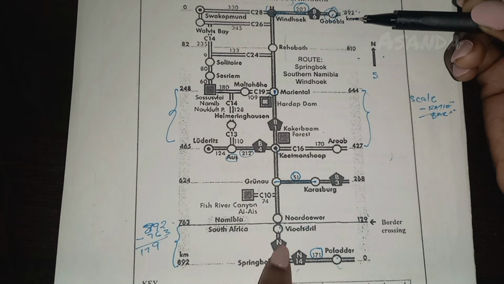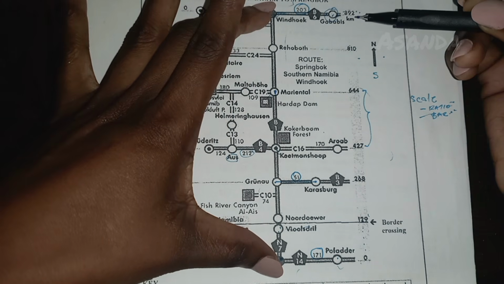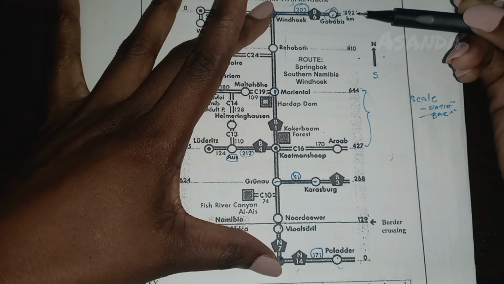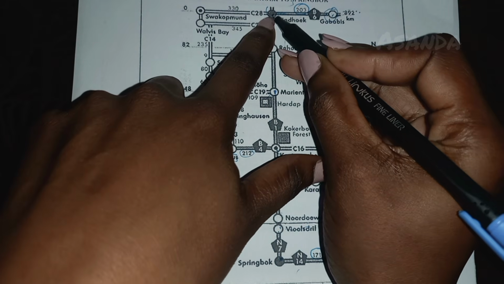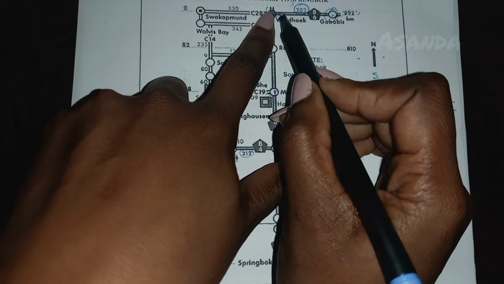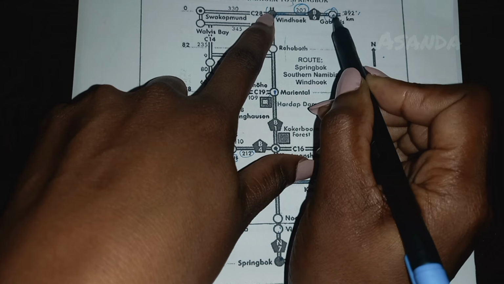From Springbok going all the way up there, remember the kilometers between each town keep counting, and that tells us you have arrived in Windhoek. When I'm going to Gobabis, I also have to consider that there's a road going to Gobabis that's 203 kilometers.